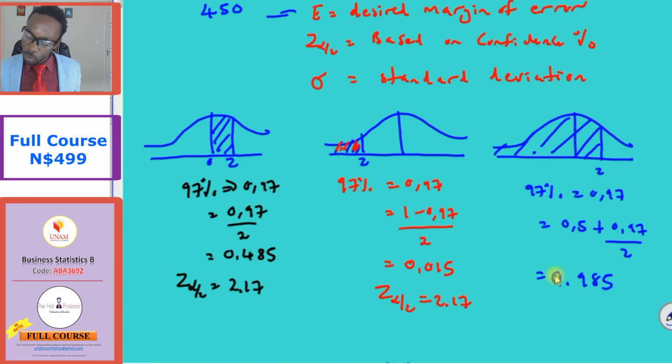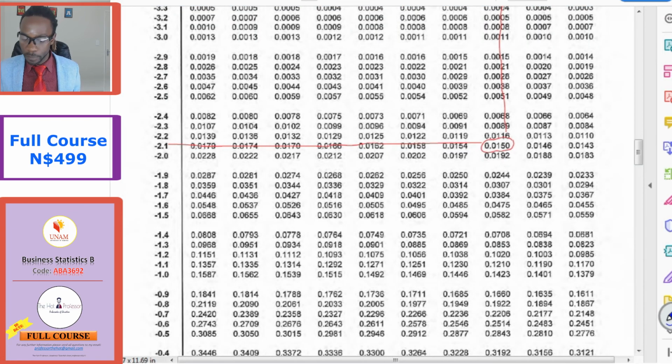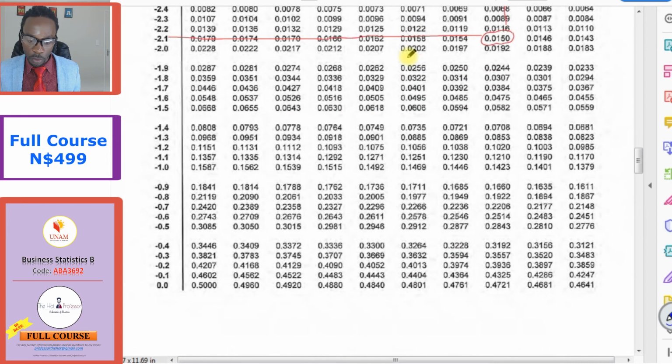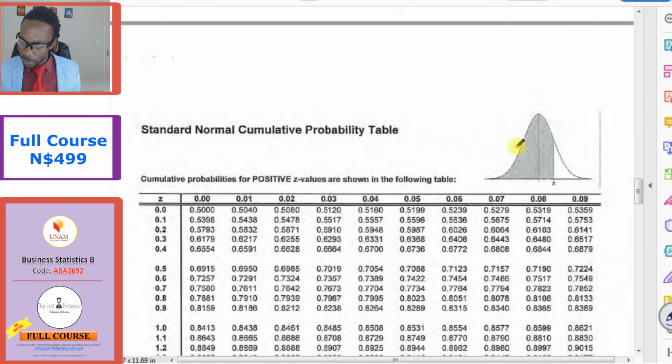So we go to a table which is cumulative positive and look for 0.985 and see what value of Z we will get. So is this our table? Let's make sure. Alright, as you can see, this is the cumulative positive.